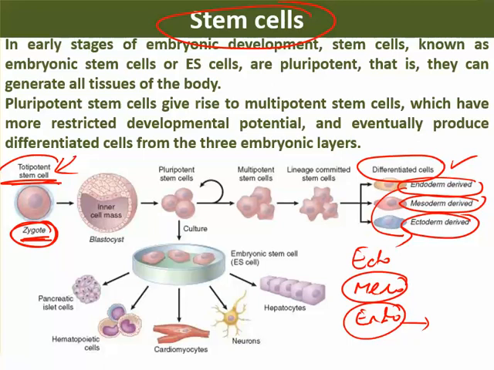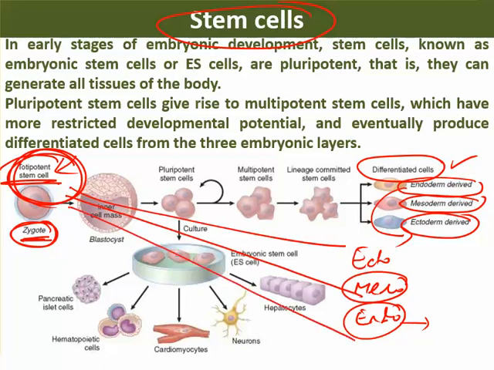But the totipotent cell can produce anything. You all understand this? Because these 3 germ layers come from the zygote, this cell can produce any of these 3. Once they become ectoderm, mesoderm and endoderm, they will produce specific organs. So don't forget that.